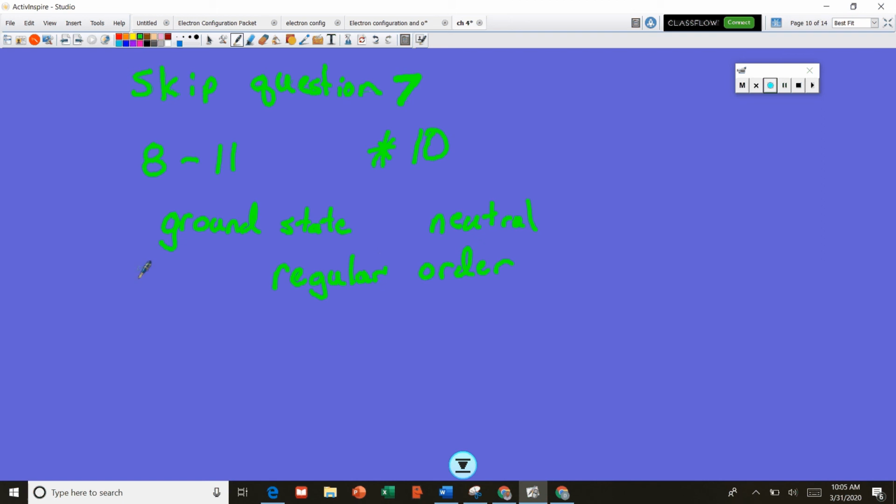And then for an anion, a negative ion, you would be adding extra electrons. So just kind of go from there. This is your homework. I'm going to post those other pages along with this.